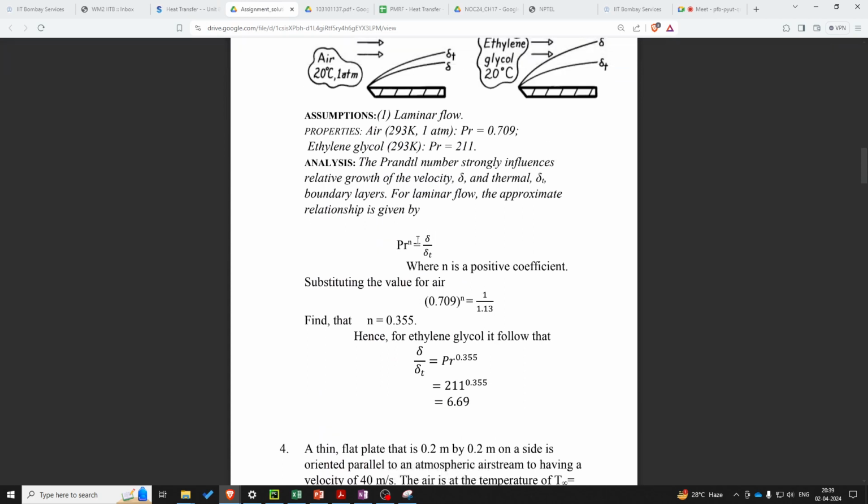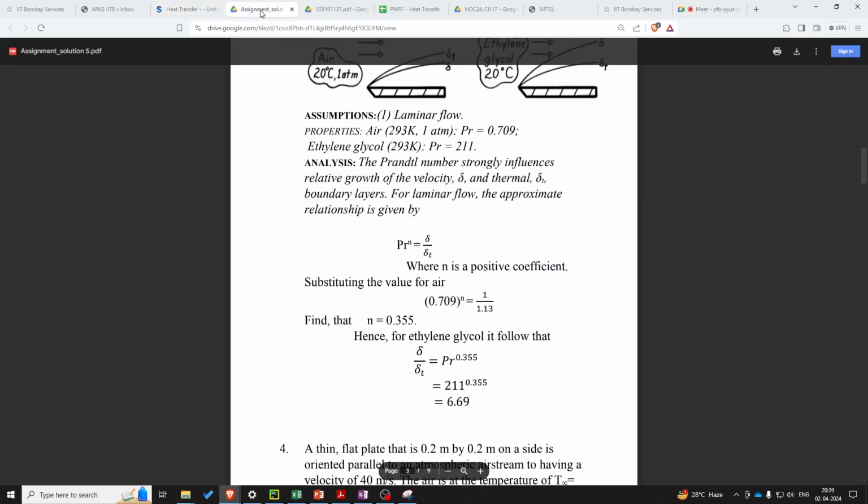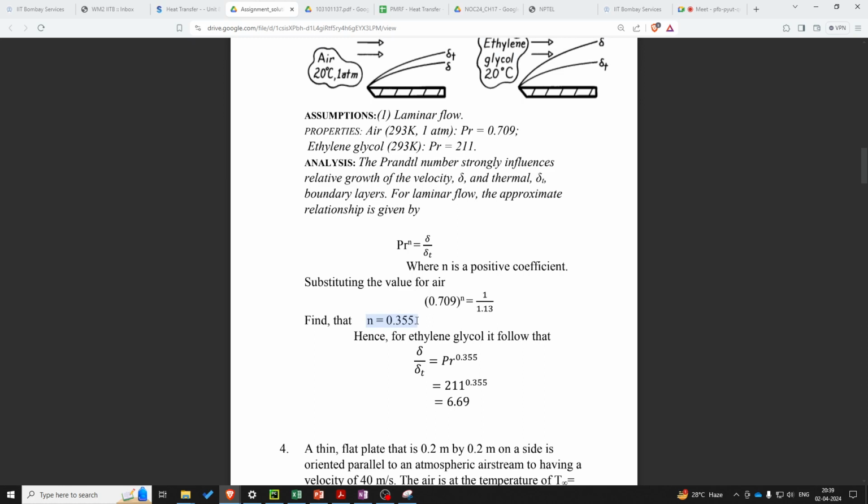See, the ratio of the hydrodynamic and thermal boundary layer is given by the Prandtl number raised to n. I think in the question the Prandtl number is given, and you find that n equal to 0.355.